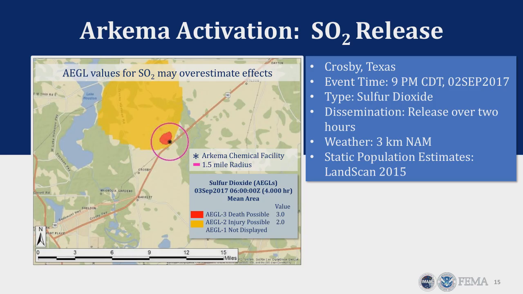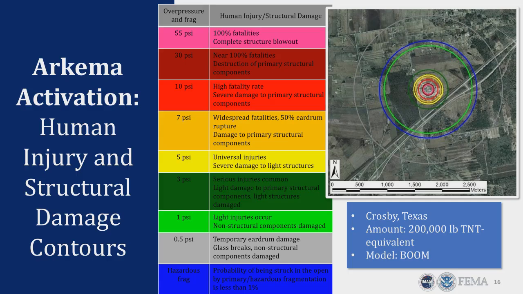Next slide, 16. In addition to the chemicals, we also took a look at the explosive potential. So this is a look at range rings for the explosion. We converted the organic peroxide into a TNT equivalent, and then ran a model to show how far out explosive elements could be, usually by PSIs.